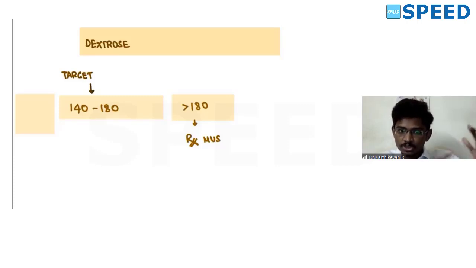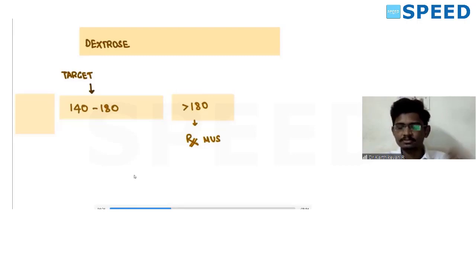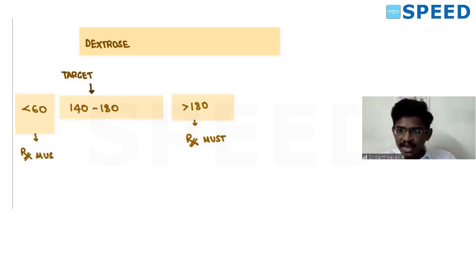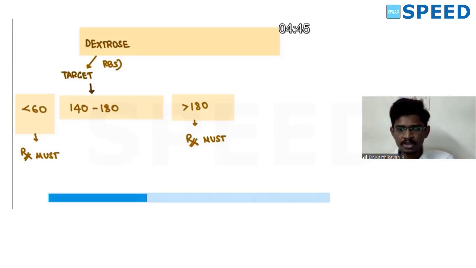All these things can also aggravate infarct expansion. So we treat hypoglycemia as well as hyperglycemia as an emergency in case of an ischemic stroke patient. This is why you need to know the cutoffs of hypo as well as hyperglycemia and how you are going to treat.